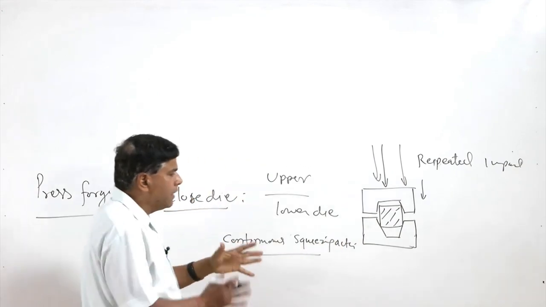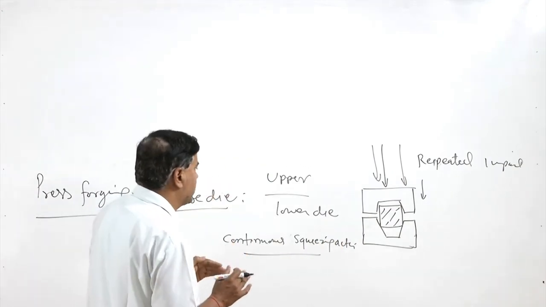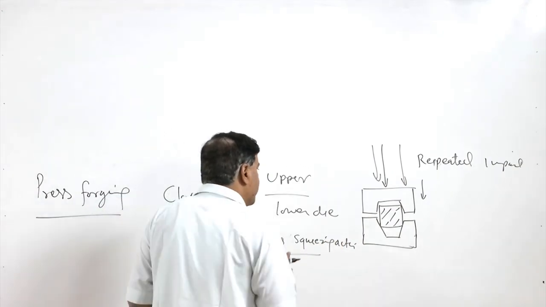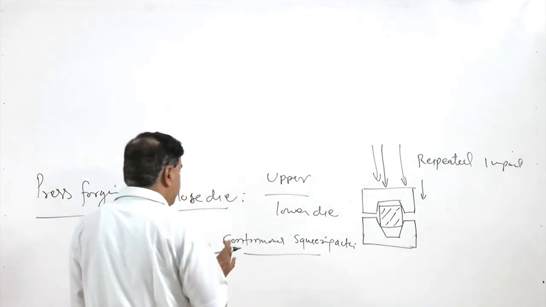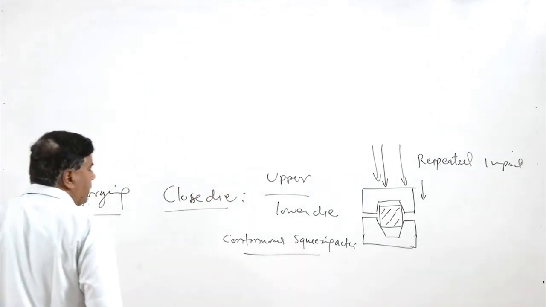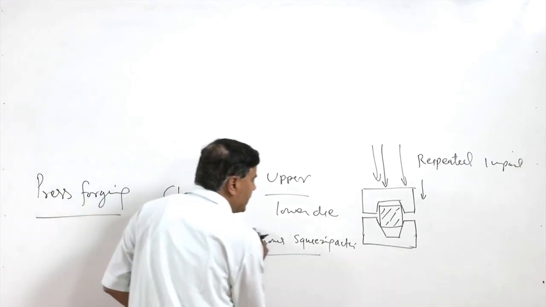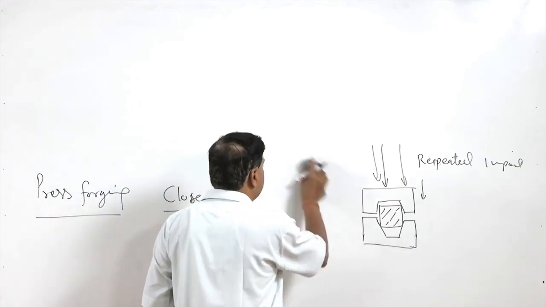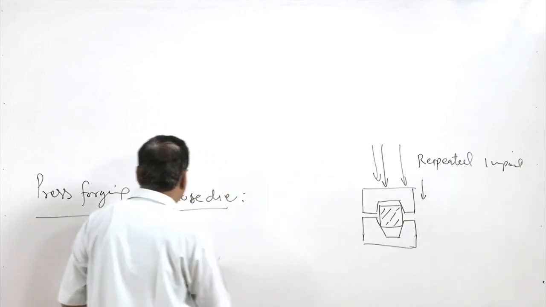within the cavity and follows all the profiles which are there, so that there is continuous flow of the metal to fill up the various cavities and features in the upper and the lower die.